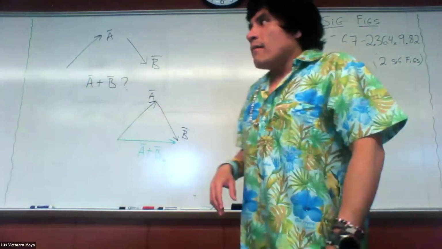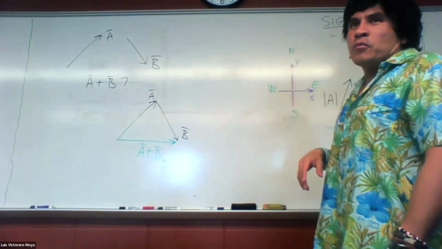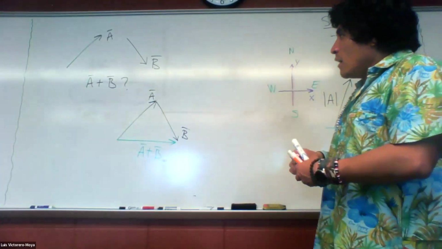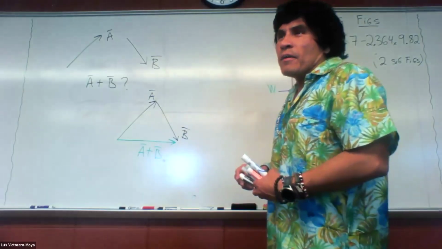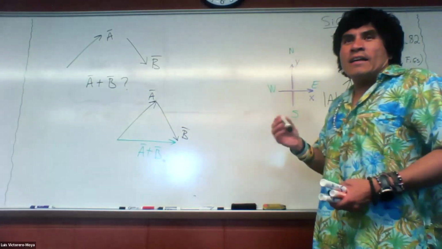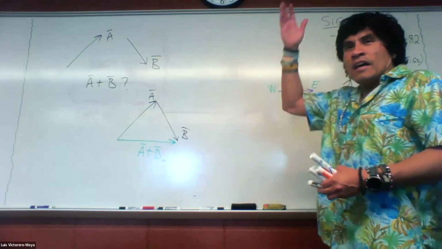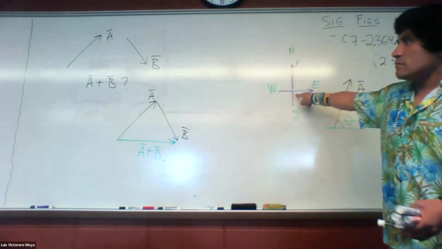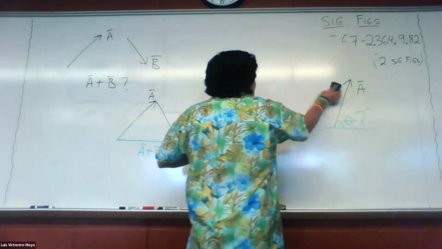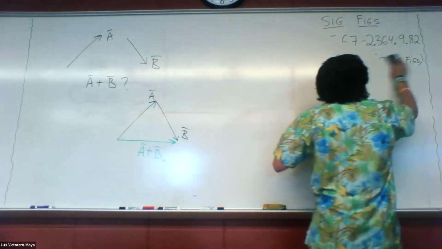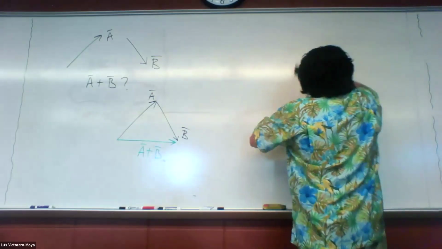But there can be instances where vectors may be, so here they're making an angle. All right. How do we find vectors, or how do we add or subtract vectors in the coordinate system, like if they were here? So let's do the simple case. Right?